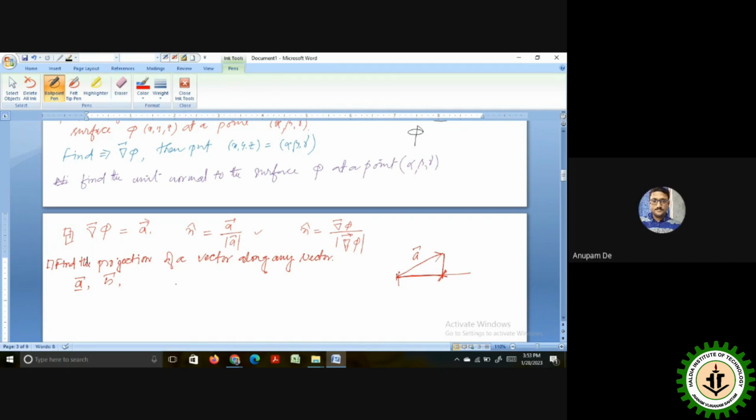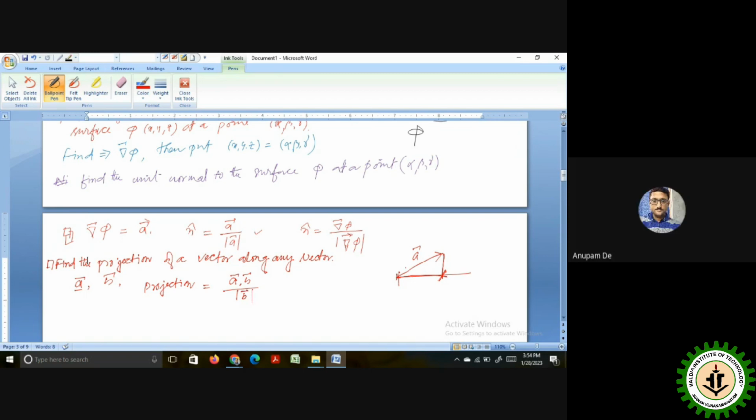As you are telling, projection equal to what? A dot B divided by mod B. Mod B.